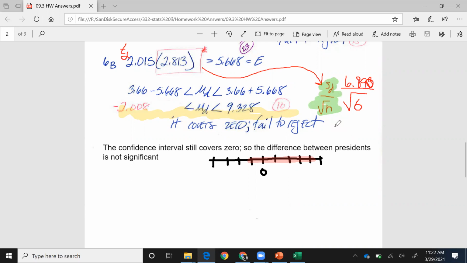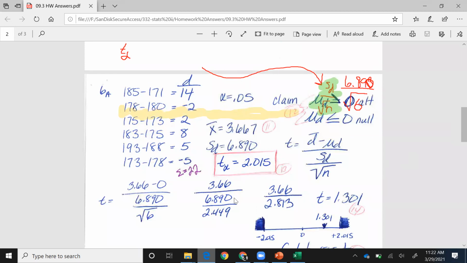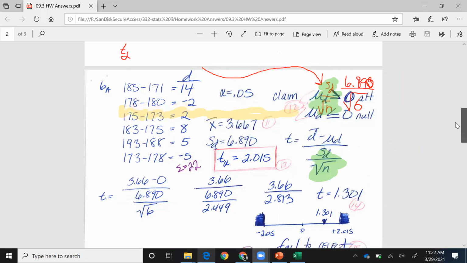This standard error right here, the S of D divided by the square root of N, is the same exact error that we used above in this equation. I'm going to highlight it here as well. That's the same thing we used right here. That's why it's equivalent, because in the end, we're using the same thing to measure it.